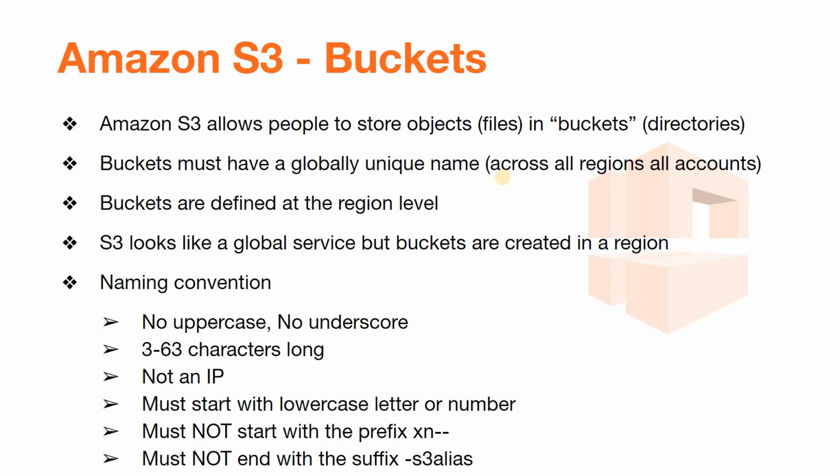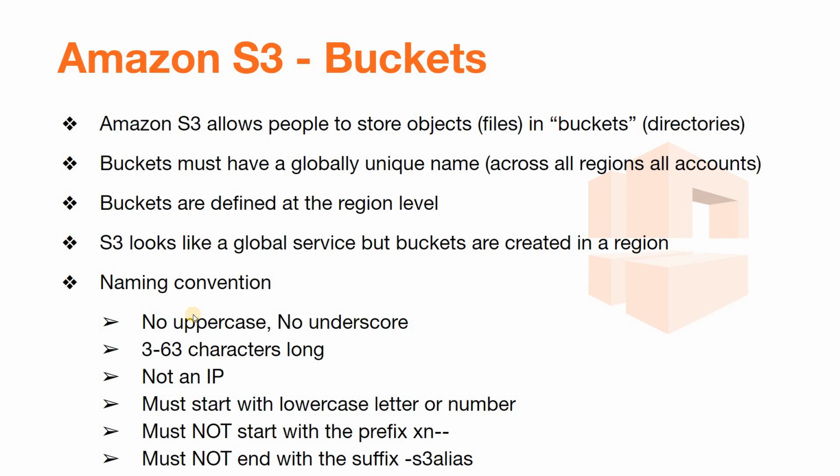Similarly here we need a globally unique name, and then these buckets are defined at region level. These two things seem contradictory: unique names must be global, but buckets are defined at region level. So S3 looks like a global service, but buckets are created in regions.